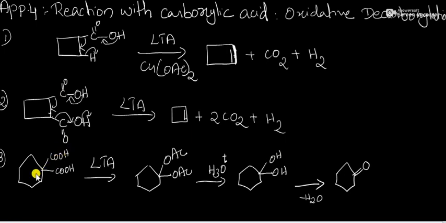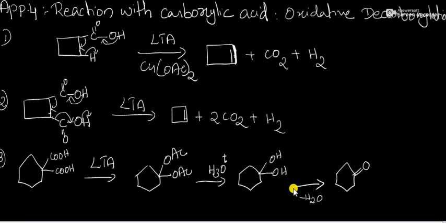Then another is gem carboxylic acids. What do we mean by gem? Two functional groups attached to the same carbon atom. This is a gem carboxylic acid. In the presence of LTA, it is first acylated, then followed by hydrolysis, it is converted into gem diols.